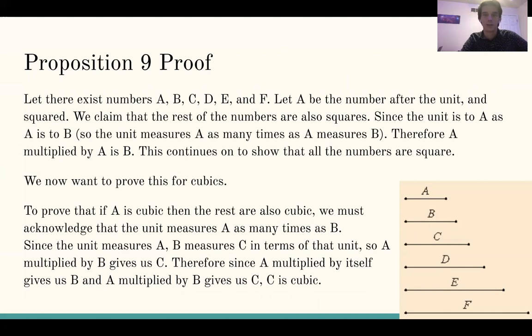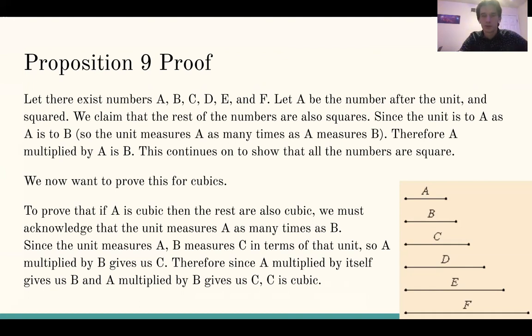Since the unit is to A as A is to B, A times A has to be B, and it has to be the continued proportion as he states. Therefore, B times B is going to be C. And C times C is going to have to be D. And then D squared, E squared is going to be F, and so on and so forth infinitely.